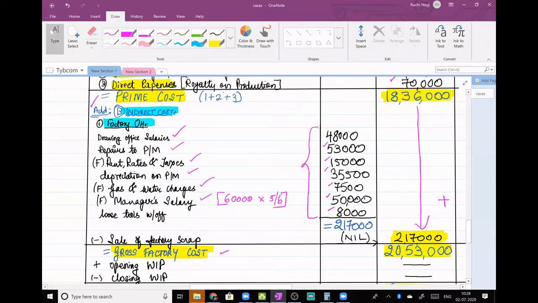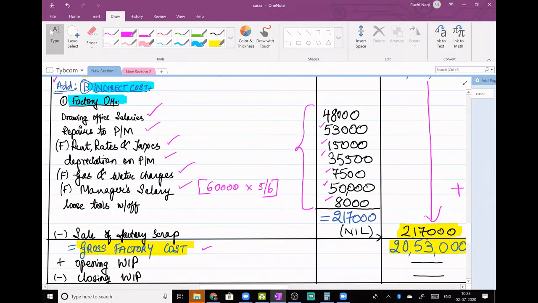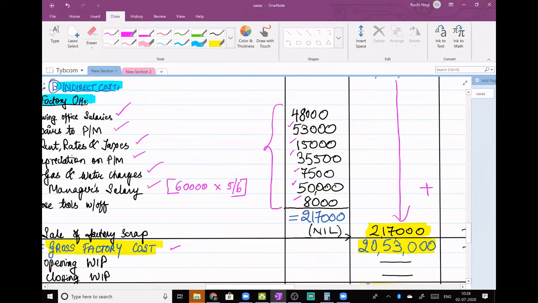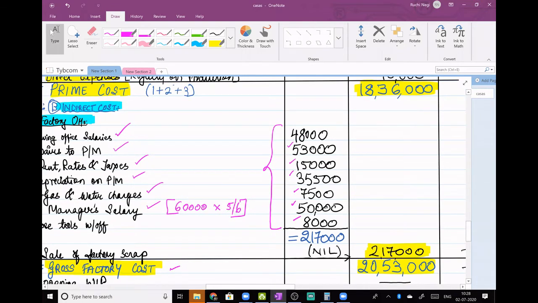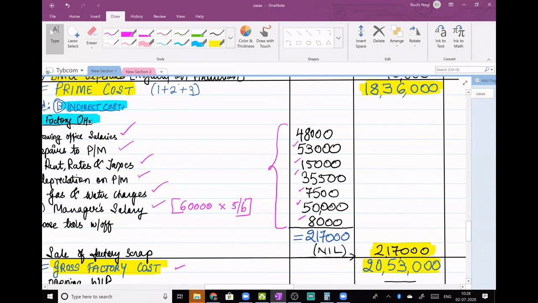Clear? Then less sale of factory scrap. Amount is nil. Take the nil amount in the inner and then the outer column. See, I've shown an arrow. Then take 2,17,000 in the outer column. Now listen carefully, the outer column also has to be totaled.